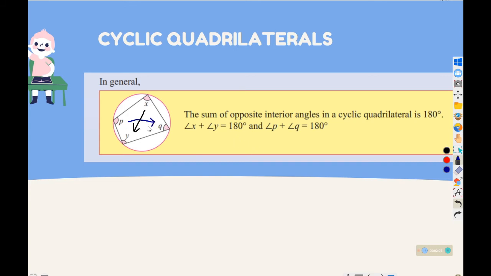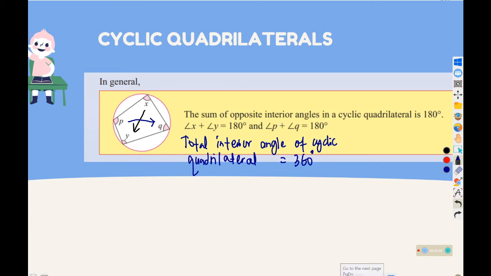The total interior angle of a cyclic quadrilateral is 360 degrees. So this is basically all for cyclic quadrilaterals.